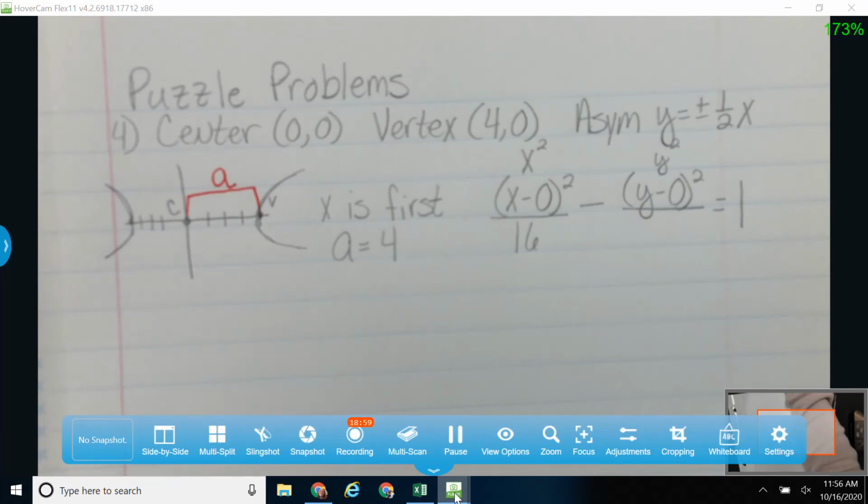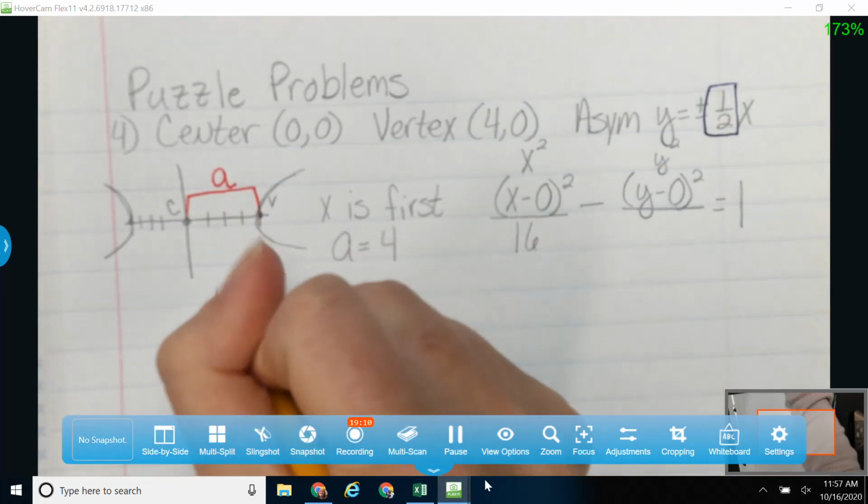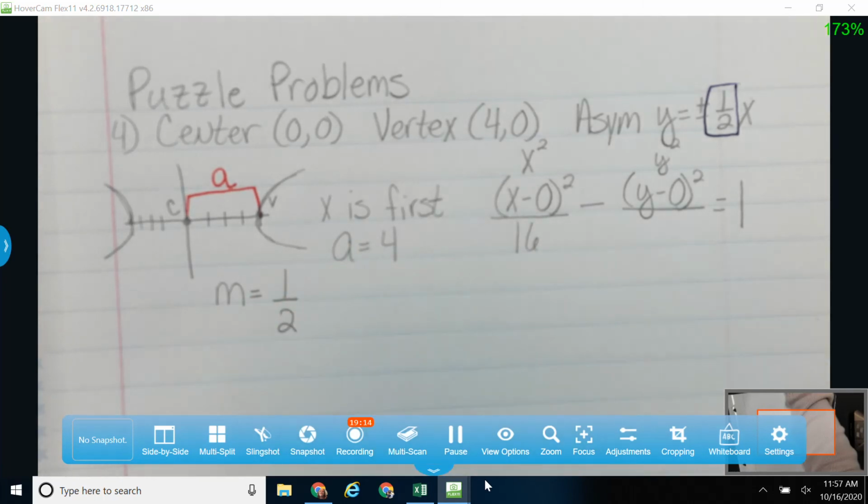What I'm missing is b. What I'm going to use to find b is my asymptote slope up here. I know that my slope from my asymptote equation is 1/2.